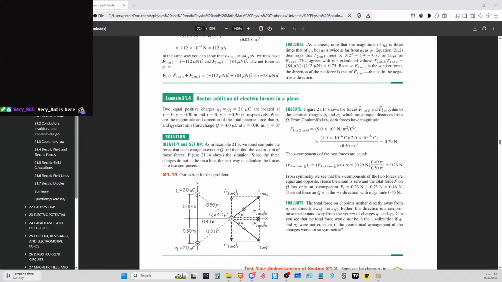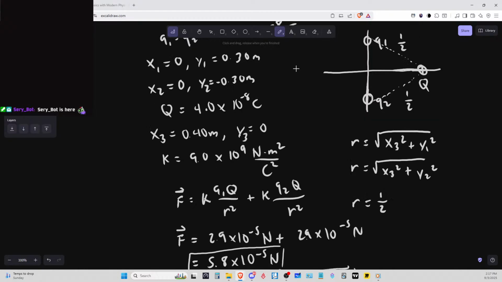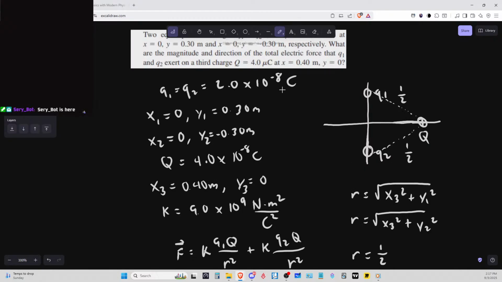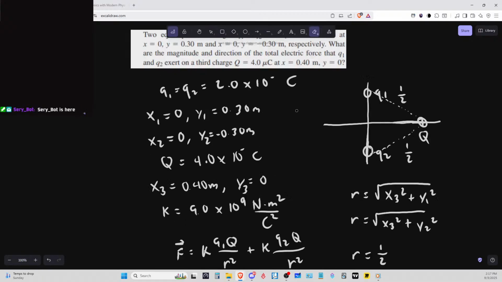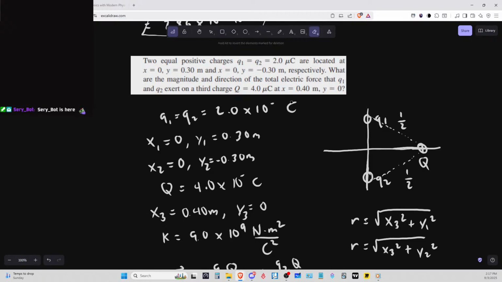I think that's the reason, because I think I did nano coulombs by accident. It's supposed to be micro. So I screwed up there. It's supposed to be 6.